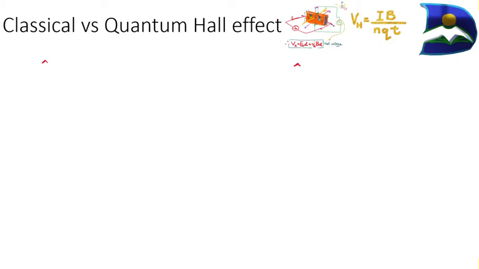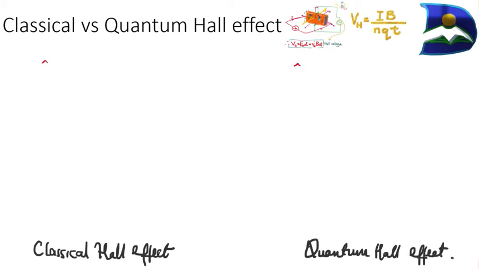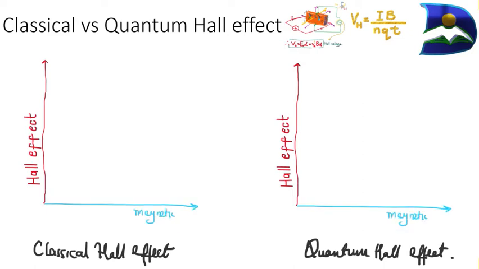Let's look at the classical versus quantum Hall effect. Once you look at the classical versus the quantum Hall effect, we first put our Hall effect on the y-axis and measure the magnetic field to see what the Hall effect is. What we see classically is a smooth relationship for the classical Hall effect.